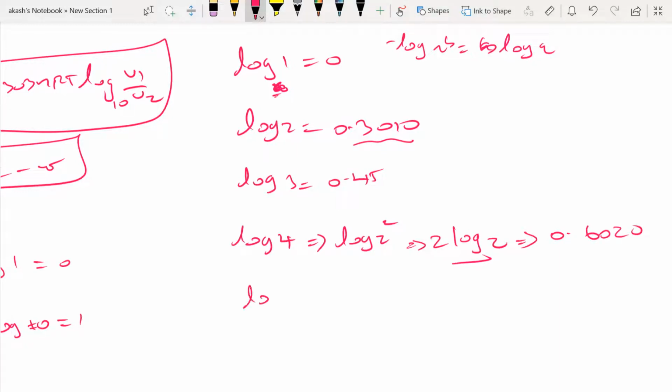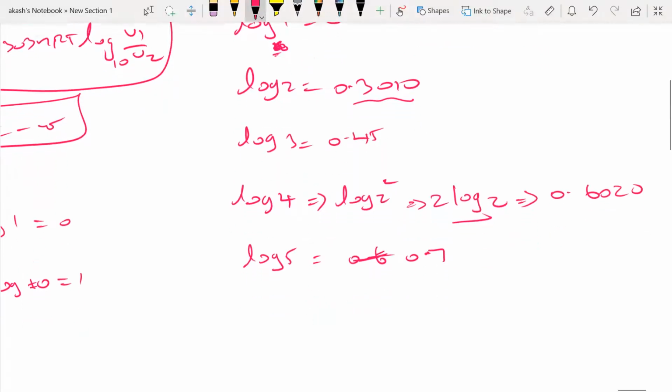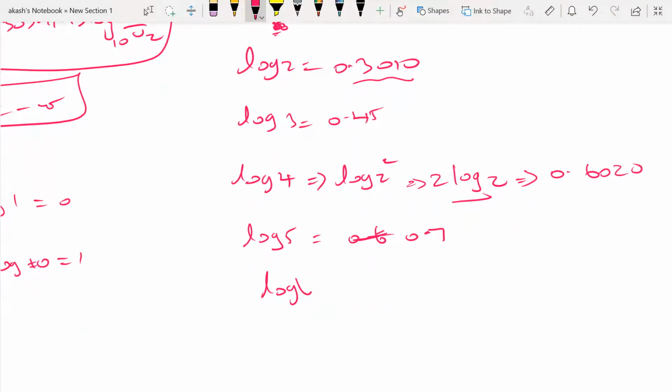Now log 5 value you have to remember, log 3 value you have to remember. Log 5 value will be approximately 0.7. Next, log 6. Now I can write log 6 as log of 2 into 3. I know the relationship also: log of a into b, I'll be able to write as log a plus log b.